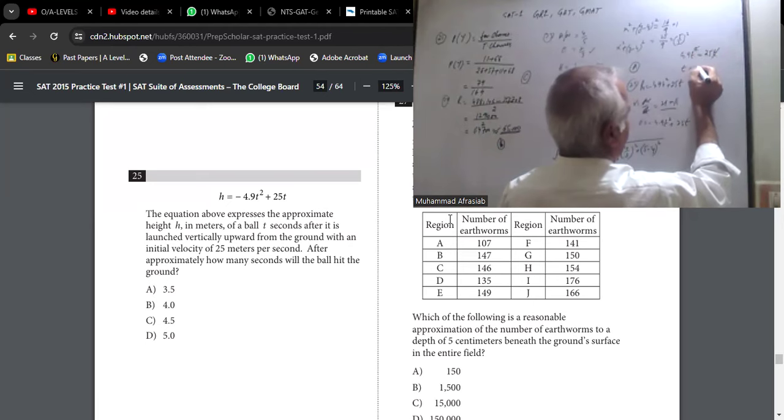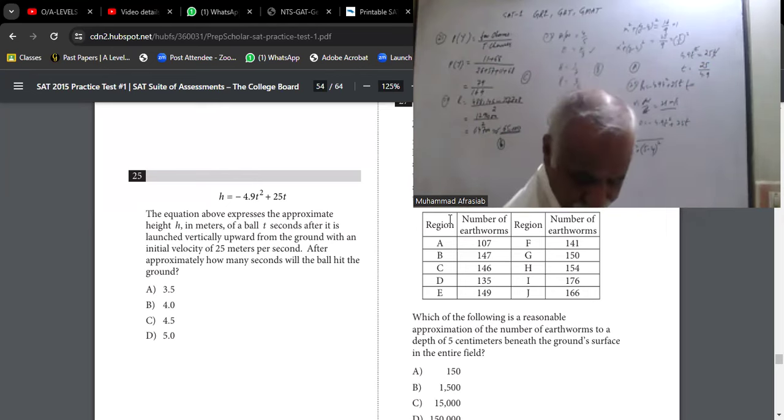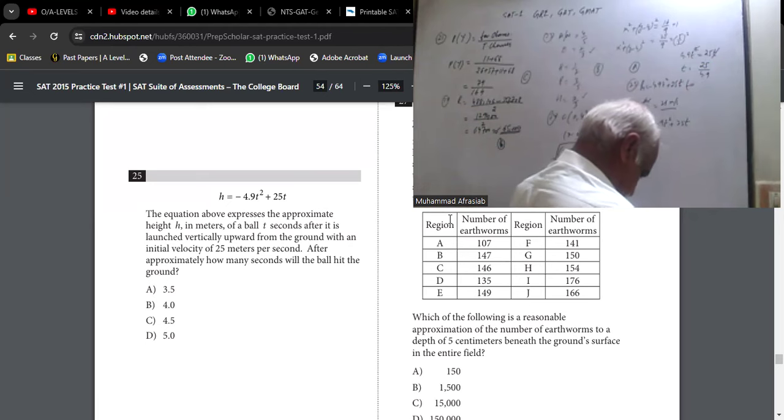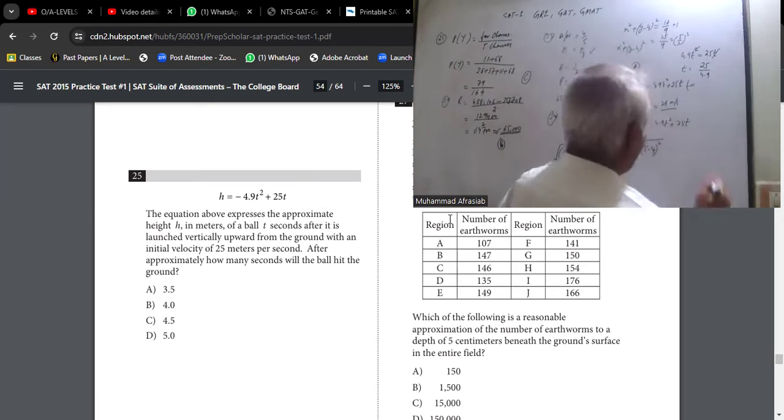So t value is equal to 25 over 4.9, which is equal to 5.1.